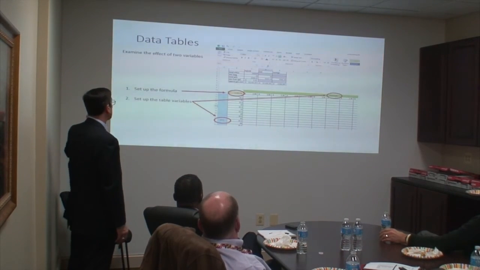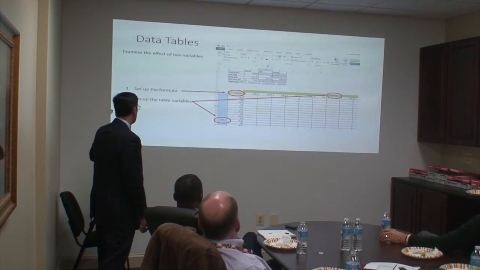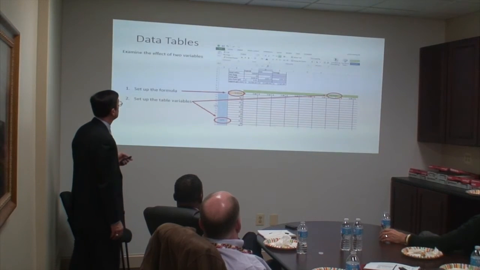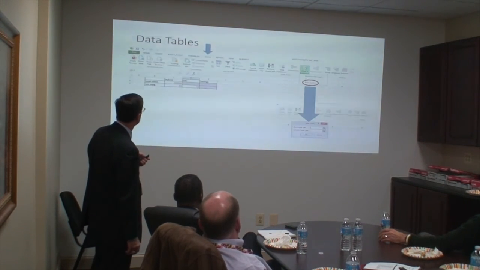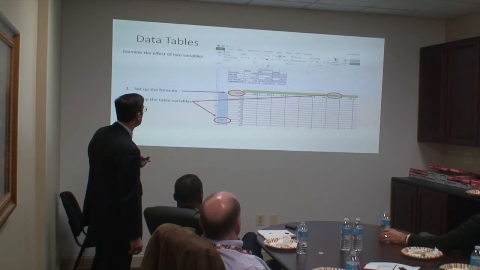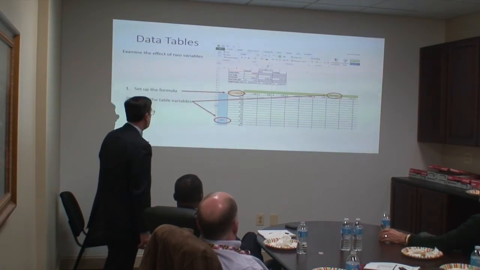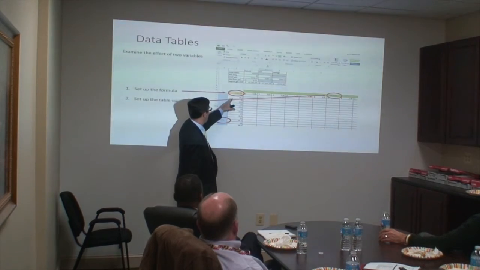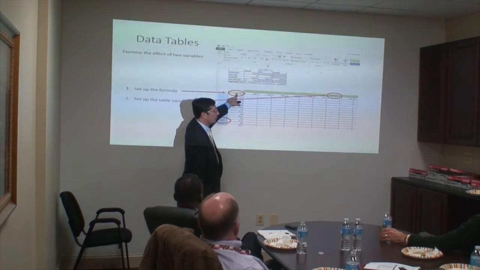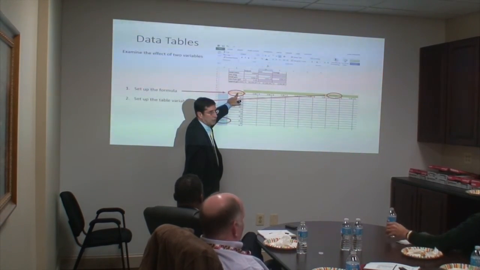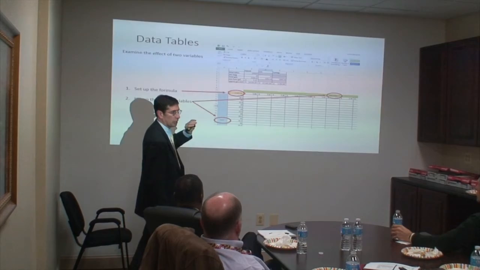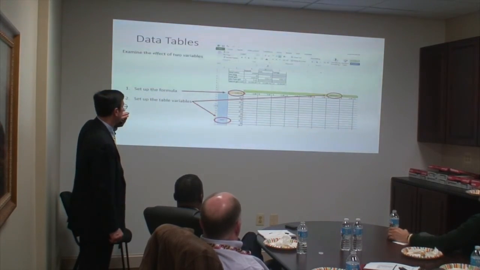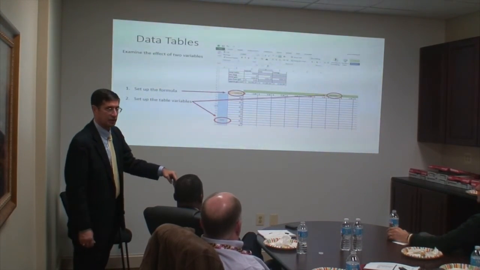So the first thing you have to do is set up your formula. At the upper leftmost cell of the table that has all the values you're going to examine, you need the formula that's going to be used to calculate everything in the table.